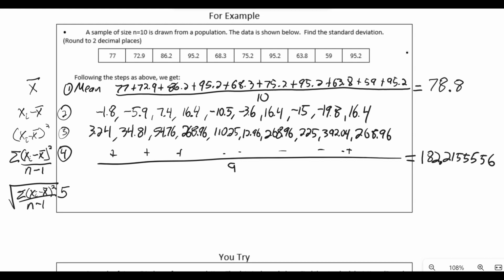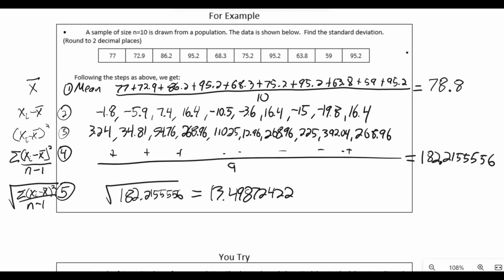And the formula just looks worse and worse and worse. But if you break it down into the steps, this is pretty straightforward. The square root of 182.2155556 equals 13.49872422.